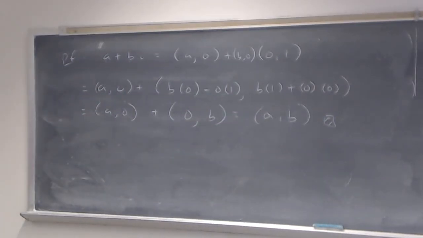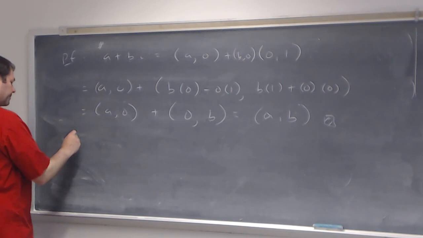Okay. So what that allows us to do is it allows us to work with the complex number AB in the form of A plus BI, where we can do multiplication and addition. Okay. So here, let me write this down.